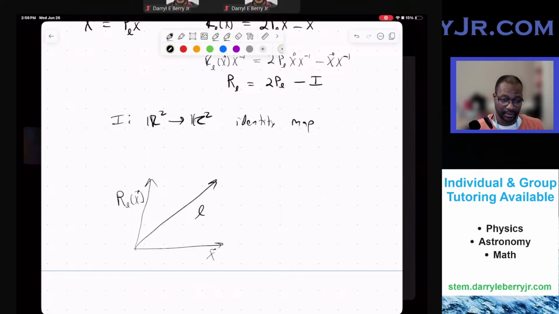How do you remember what congruent means? Same direction?